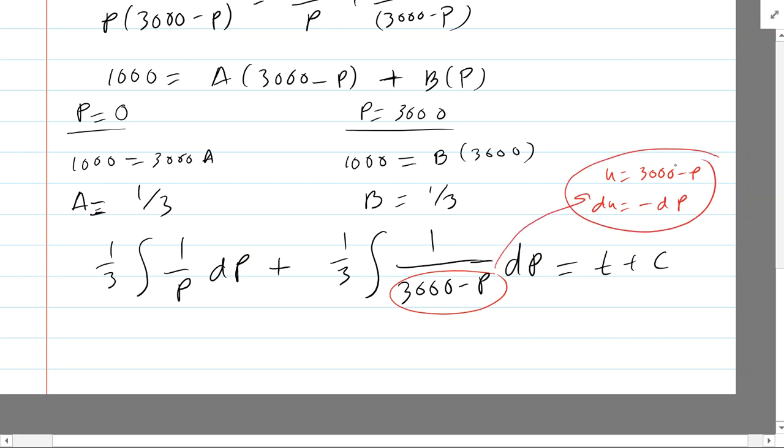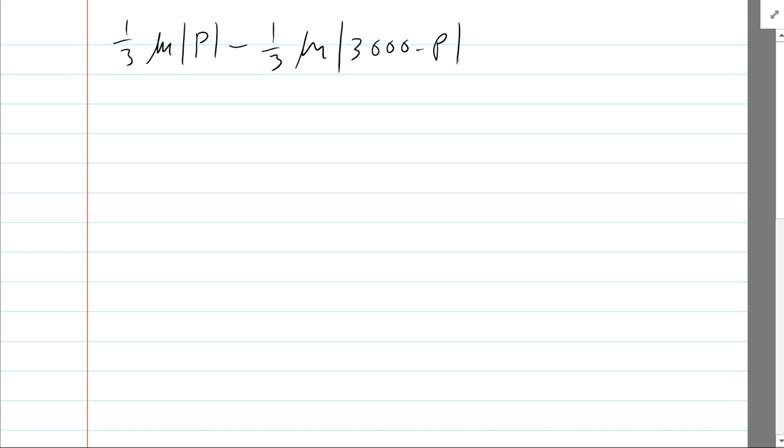And that's why y'all lose negative signs, because you don't pay attention. So I'm going to go to the next page. And I now have 1/3 natural log absolute value of P minus 1/3 natural log absolute value of 3,000 minus P equals T plus C.